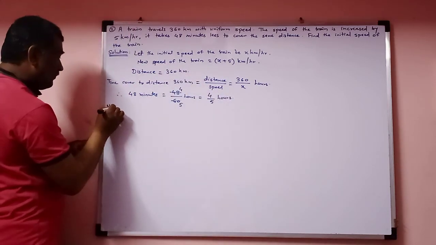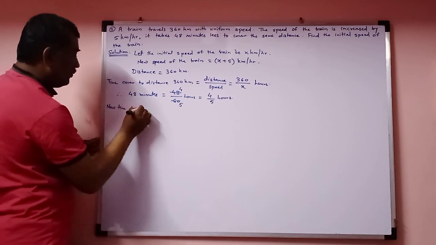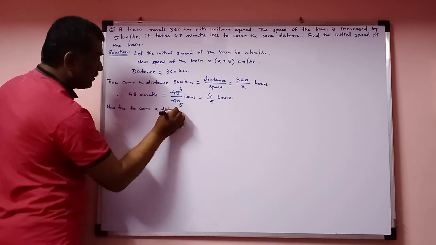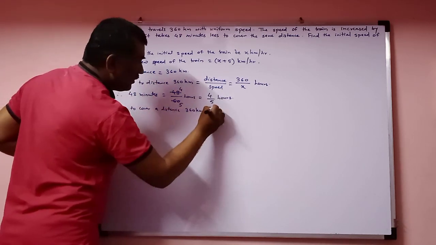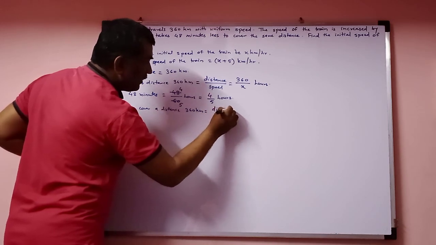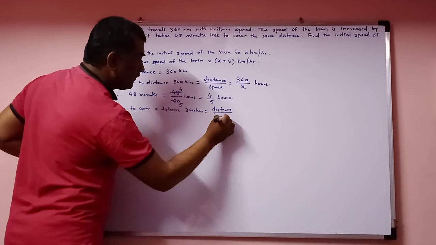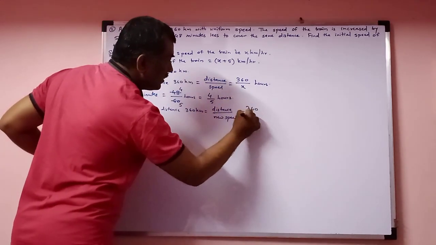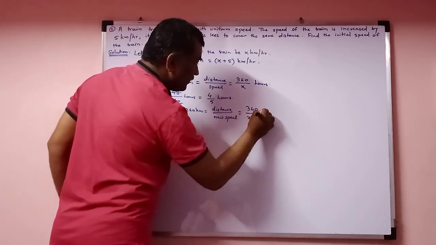New time to cover a distance 360 km is equal to distance upon new speed. Distance 360 upon new speed x plus 5 hours.